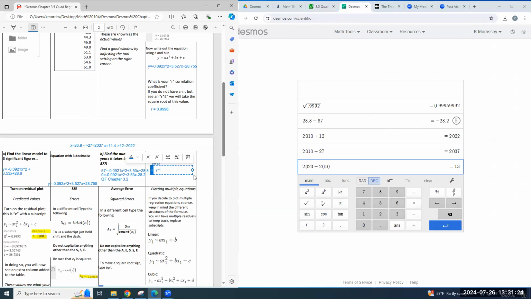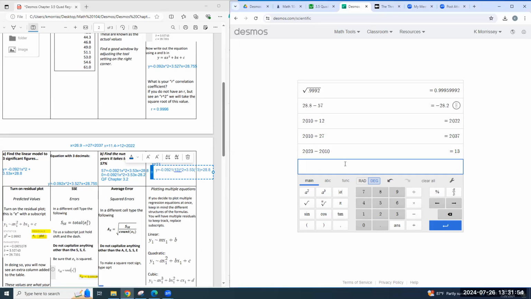So y is equal to negative 0.0921 times 13 squared plus 3.53 times 13 plus 28.8. So we can go ahead and write that in.